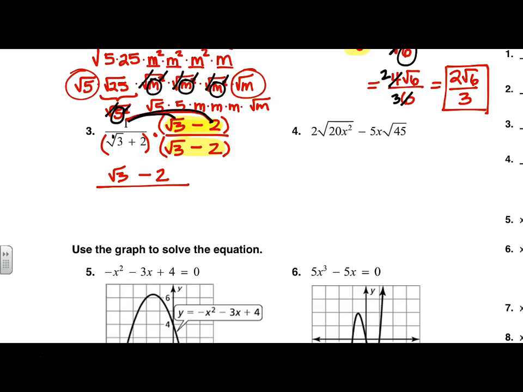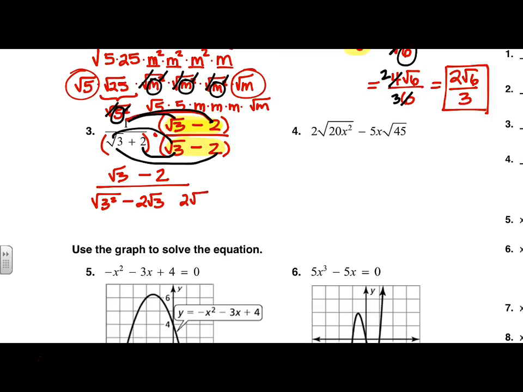So when I foil, I need to do first, root 3 times root 3, I'm just going slow, is going to be root 3 squared, or root 9, whichever way your brain likes it better. Outer, it's going to be 2 times root 3. One's outside the house, one's inside the house, so I have to keep them separate, but there's a minus. Inner, I have a 2 and a root 3.